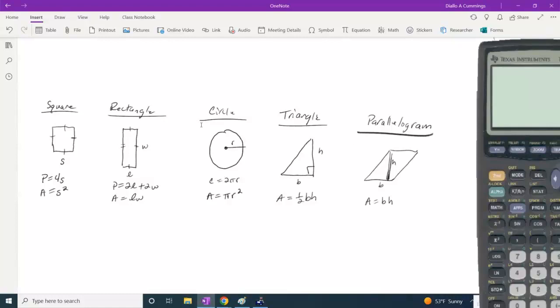All right, so here are the formulas. And we're just going to take a look at some problems. And I could not find a good formula sheet that just covers everything that we need.